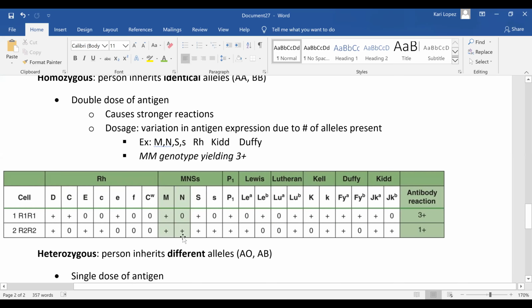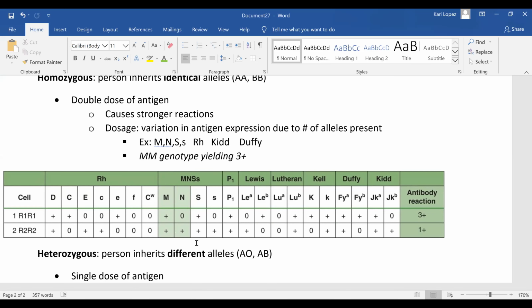But if N was negative on both of them, then they would both be type large M, large M. So they'd both be homozygous, yielding 3+ reactions. Or if your M's were negative, then they would both be homozygous for N, also yielding 3+ reactions.